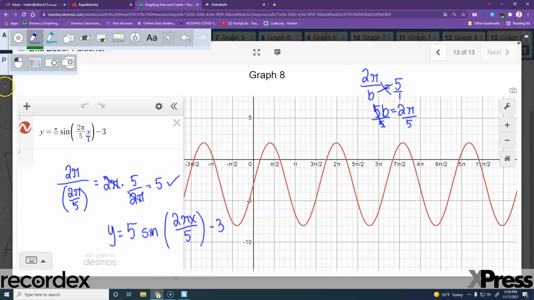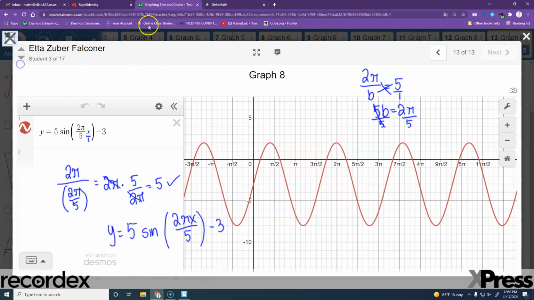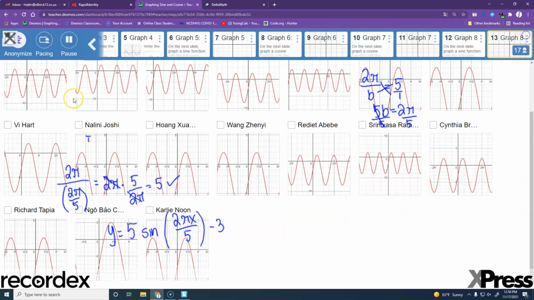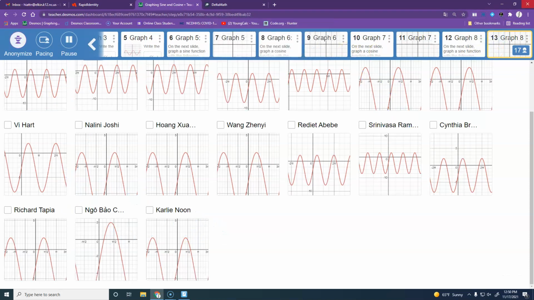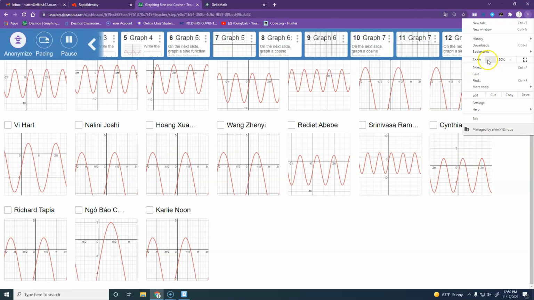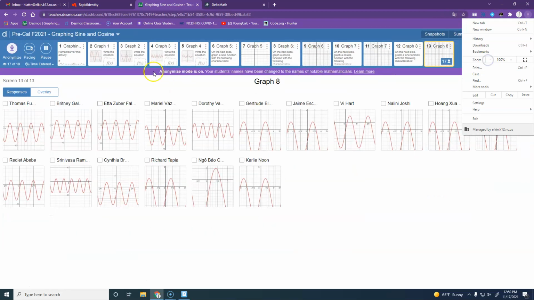Okay, so your assignment that you're going to work on right now is going to be the other Desmos classroom assignment that was there.